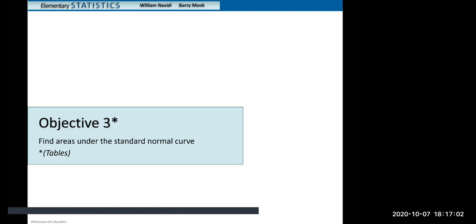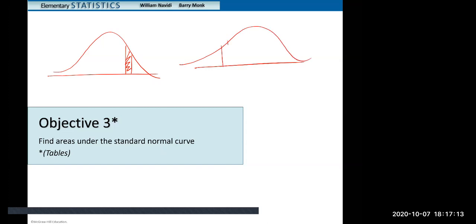There are possibilities like, what if, like the first example, how do we get the area of this? Or how do we get the area of this? Or how do we get the area from here to here? Okay, so objective 3 is finding the area under the normal curve.